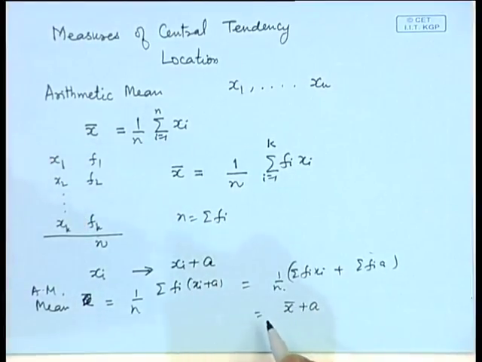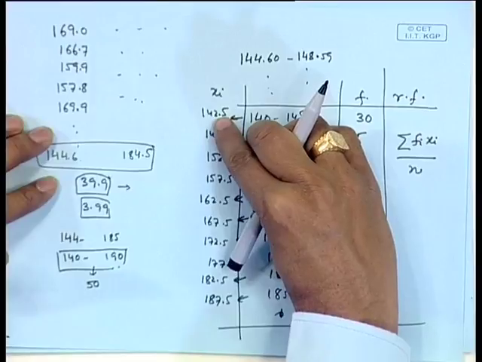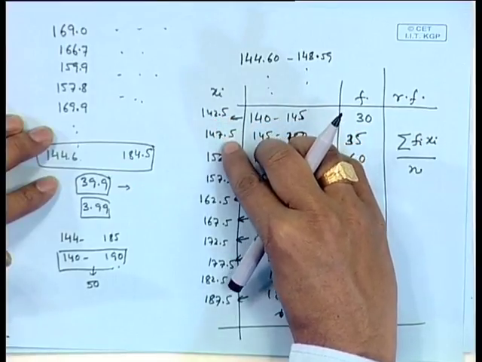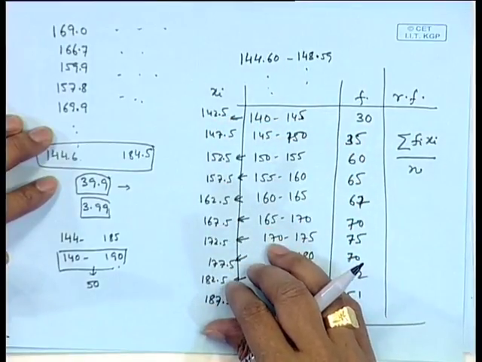Now, this is actually giving a very nice method of calculation, because many times we are dealing with either very large or very small values. So, we may shift all the values by a certain number. For example, if you look at these values, they are quite inconvenient, like 142.5, 147.5 and so on.